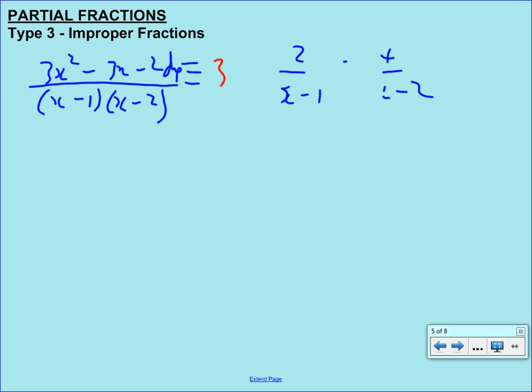So that was a 3, wasn't it, and that was a plus 2 over x minus 1, and that was a plus 4 over x minus 2.